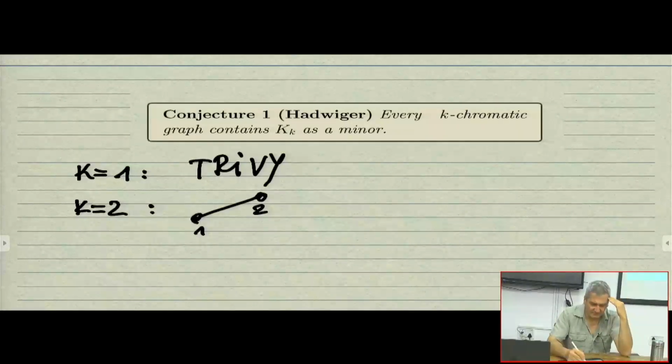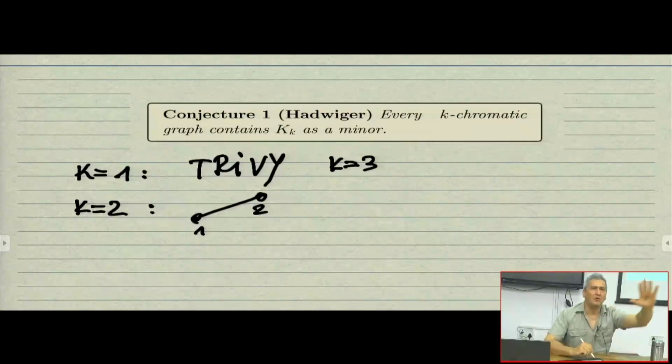K3. So the graph is 3-chromatic. We can always assume the graph is critical: 3-critical, 4-critical, 5-critical.